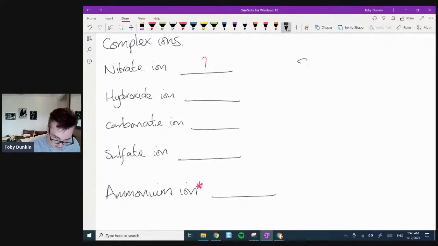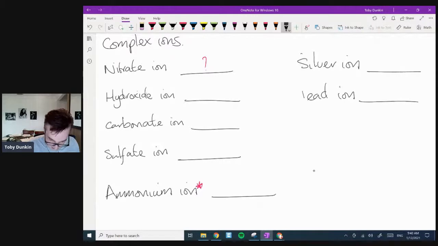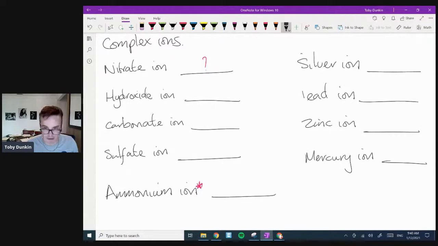Silver. I'll just give you the answer. Silver, but not complex. Silver ion. Not complex. Lead ion, not complex. Zinc ion, not complex. Mercury, not complex. They're just other ones that you definitely need to know for GCSE.